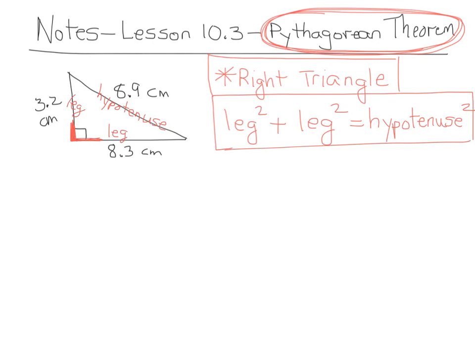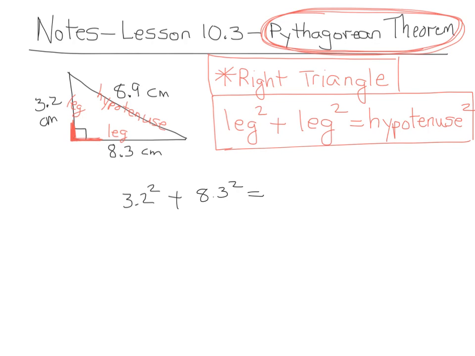Okay? And this works in every right triangle, so let's just show you here. So if you take this leg, and let's say I measured it and it was 3.2 centimeters. So you take that leg length and you square it. And then you take the other leg length and square that value.